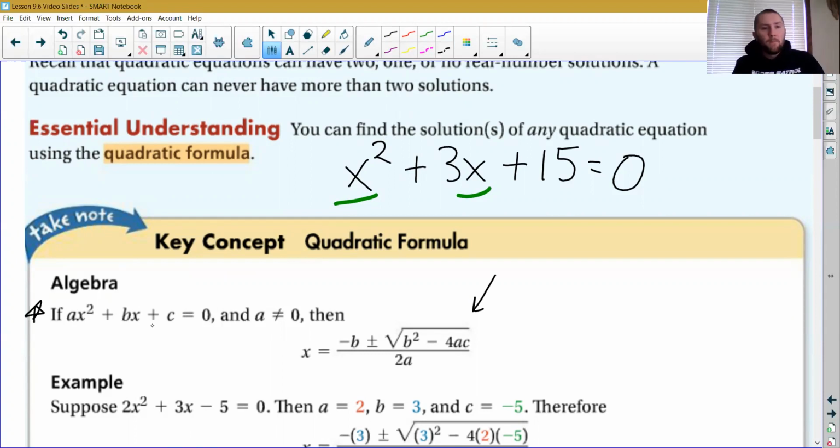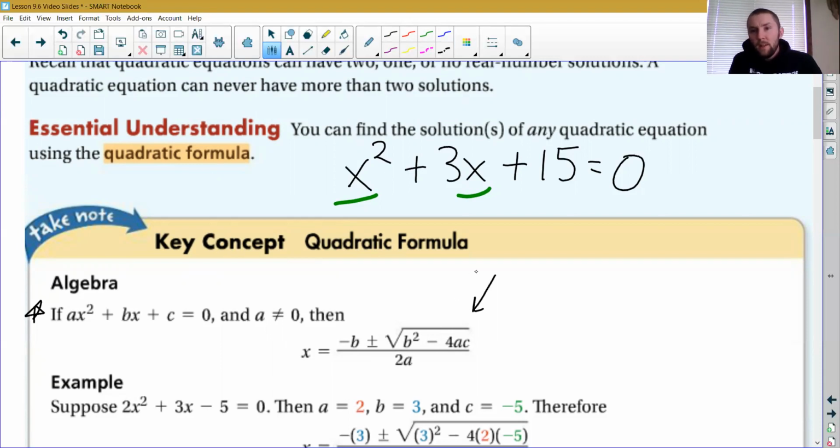The number in front of x squared is what we'll call a. The number in front of the x is what we'll call b, and the number at the end with no x's on it is what we call c. This formula then is going to tell us the x values. We just plug in the a, b, and c values into the formula, and it will tell us what our two possible solutions are.